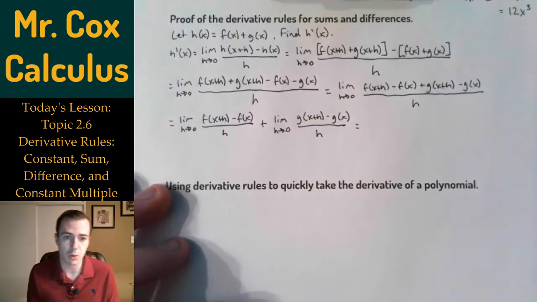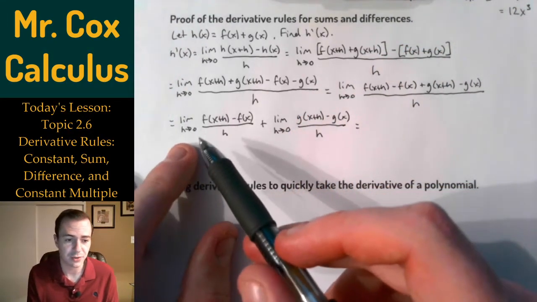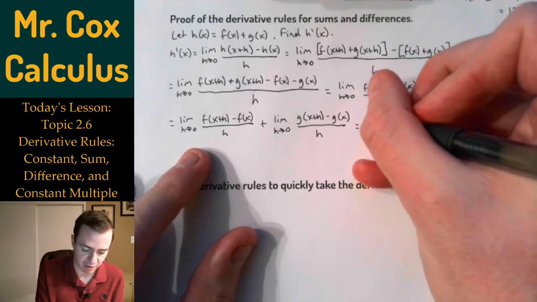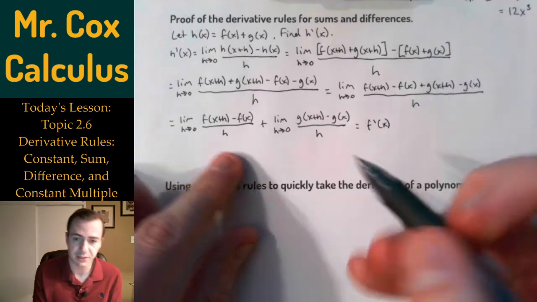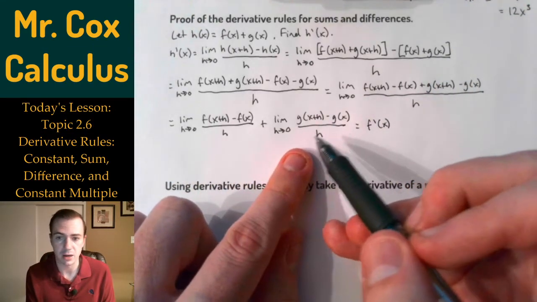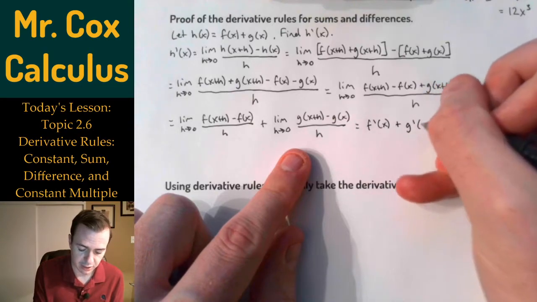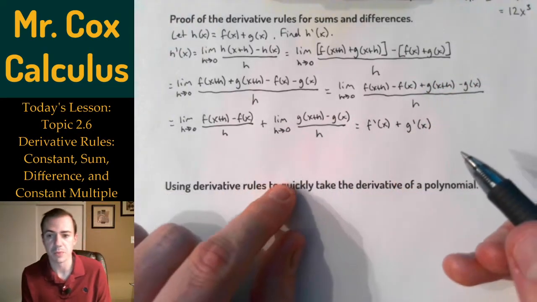The first piece is the derivative of f by its definition, f prime of x. And the second is g prime of x. So I've got f prime of x plus g prime of x.